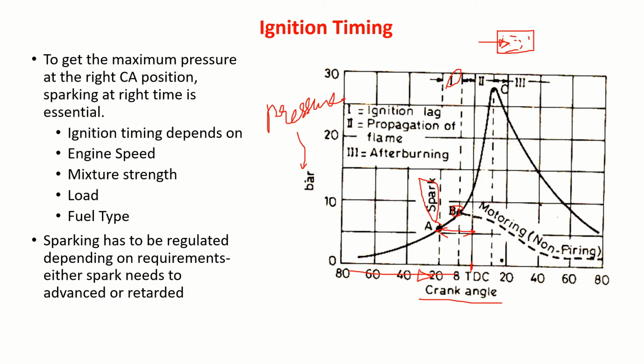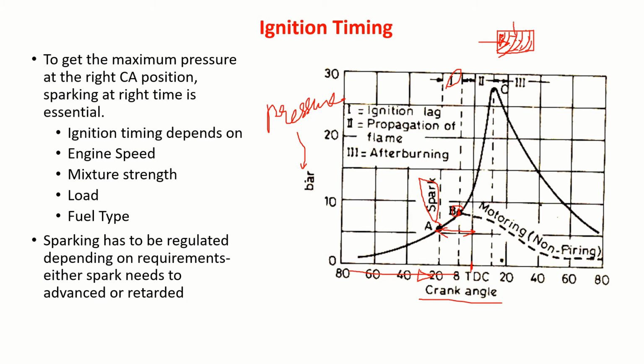And at this point, a small flame front will appear. Suppose you are sparking here, a small flame, a bubble, will appear. As this bubble appears, it will grow. We call it a flame front, and it will grow like this, and also travel in the forward direction, consuming the charge.